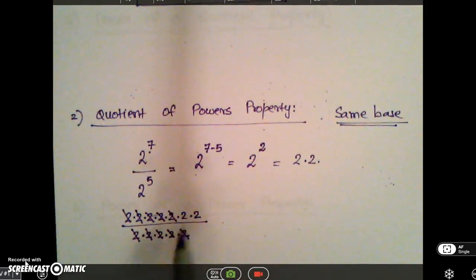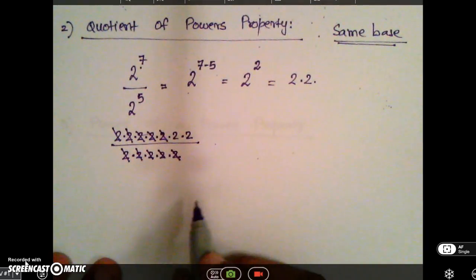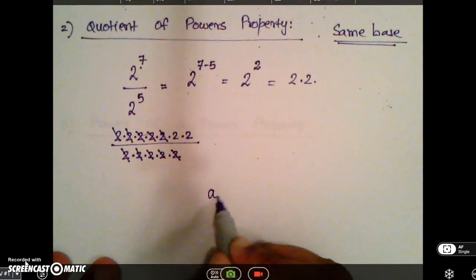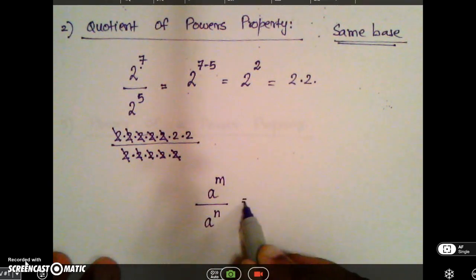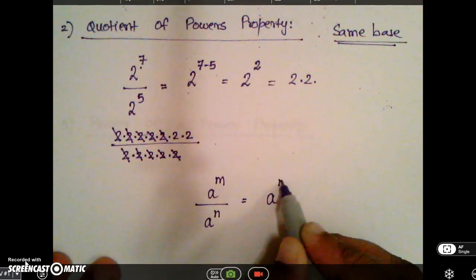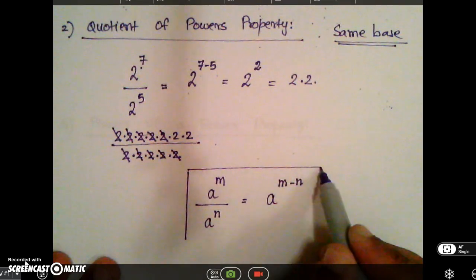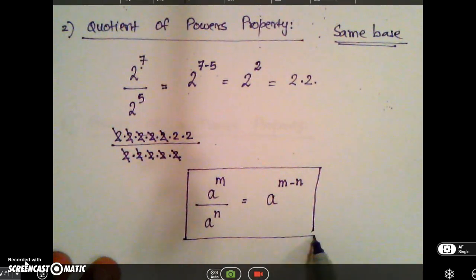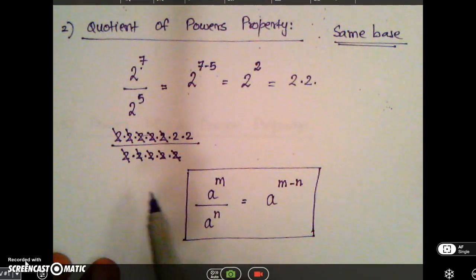They cancel each other. All I'm left with is 2 times 2, which is what I got. So the quotient of powers property, if I have to generalize it: I have two powers with the same base. All I do is keep the base, take the powers, and subtract them. So that's my general rule for the quotient of powers property.